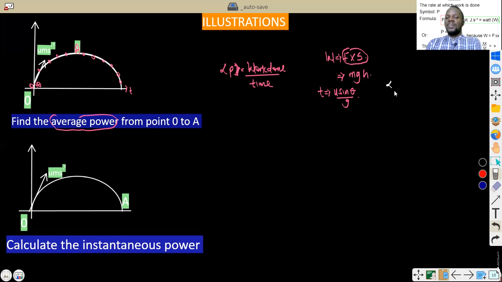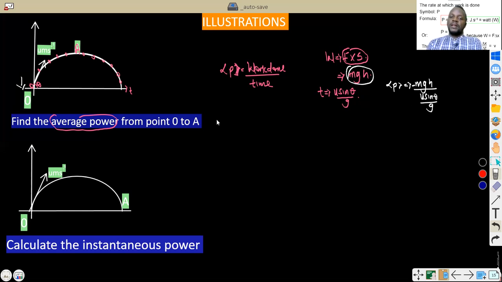Average power is equal to the work done. What is the work done, my dear student? mgh. We are dividing the value by, or better still, because this will be retarded by gravity, I will say negative mgh because of the technical question, divided by the time. What is the time, my dear student? u sine theta divided by g.